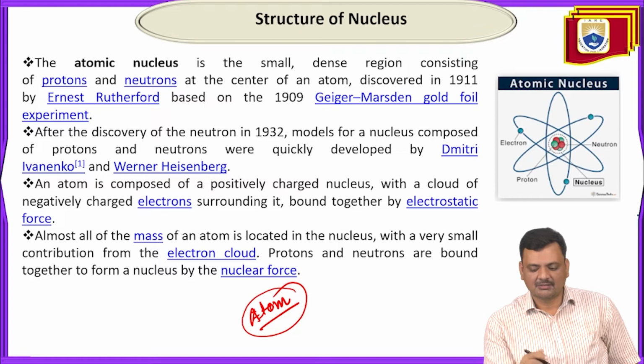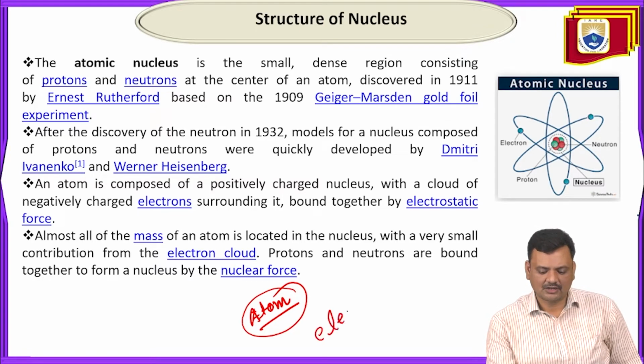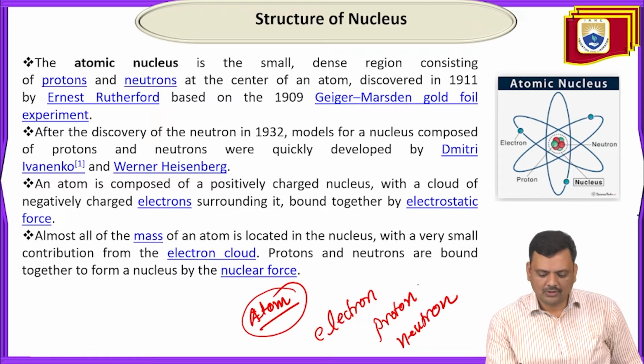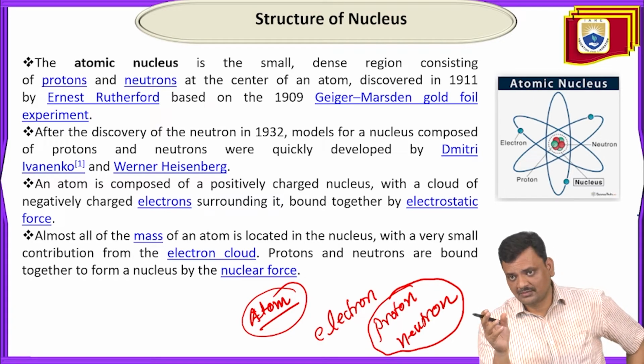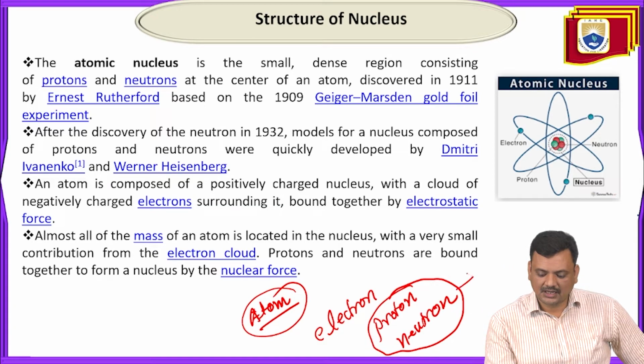Even atom is made by electron, proton and neutron. So proton and neutron are situated at the center of the atom, and that center is collectively called nucleus.